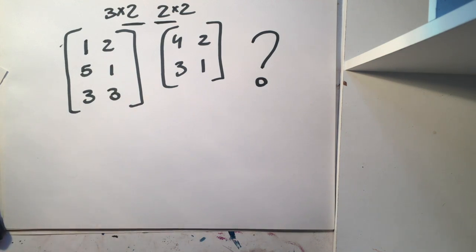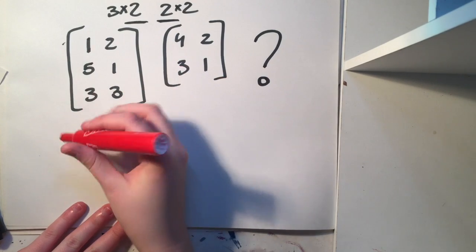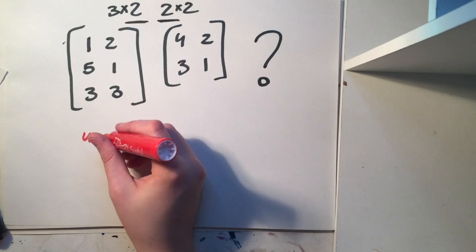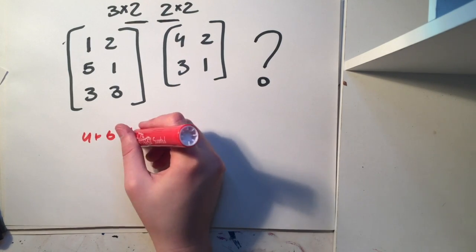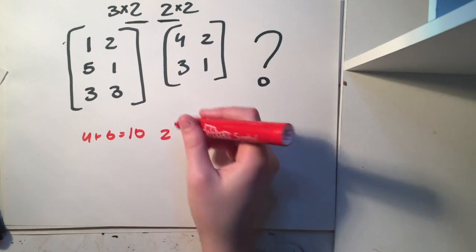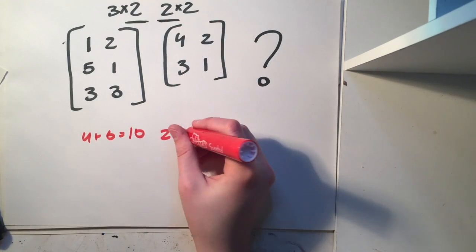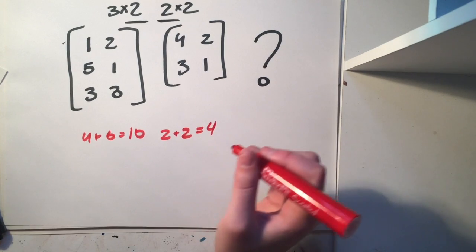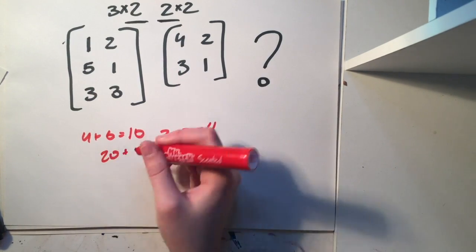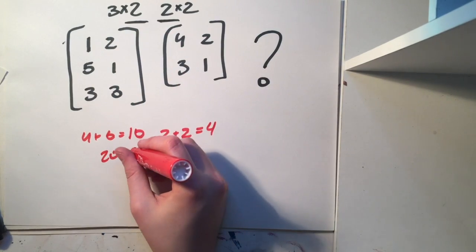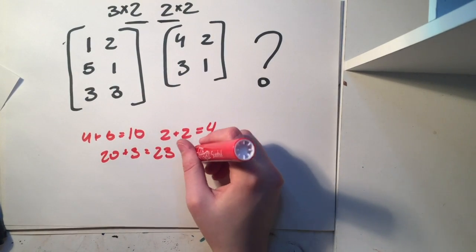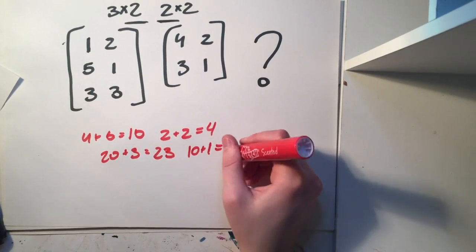So we're going to write out 1 times 4, which is 4, plus 2 times 3, which is 6, so we have our 10. And then we have 1 times 2, which is 2, plus 2 times 1, which is also 2, and that is equal to 4. Then we have 5 times 4, which is a big whopping 20, plus 1 times 3, which is just 3, so we have 23. Then we have 5 times 2, which is 10, plus 1 times 1, which is 1, so we have 11.